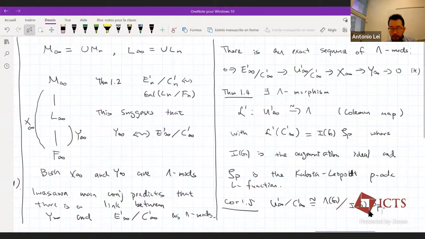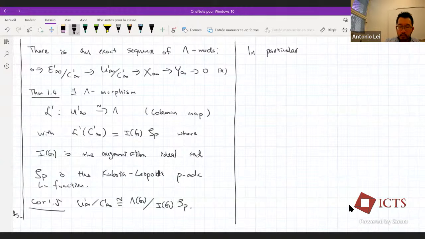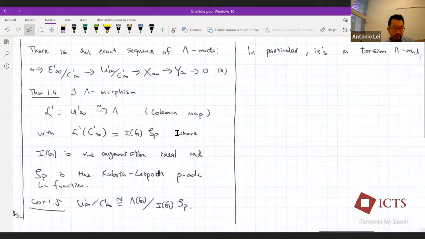In particular, this is a torsion lambda module. Yeah, I keep writing lambda G, but lambda G is lambda. So, this term in the middle, we have a very explicit description in terms of this analytic object, this term we also have some extra information.